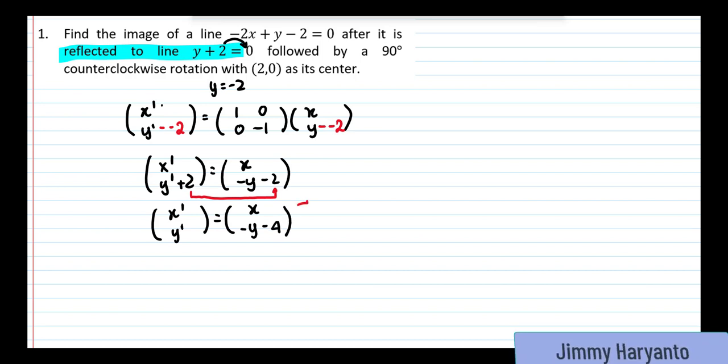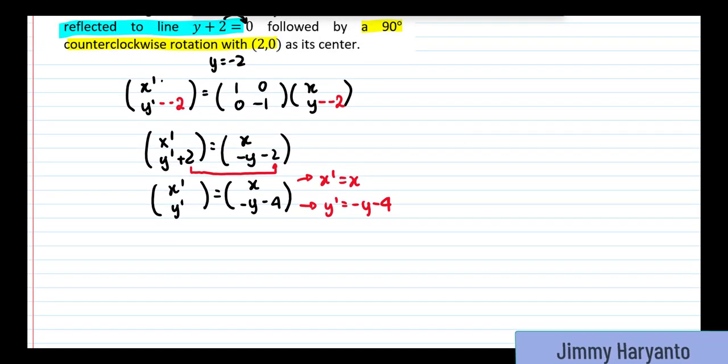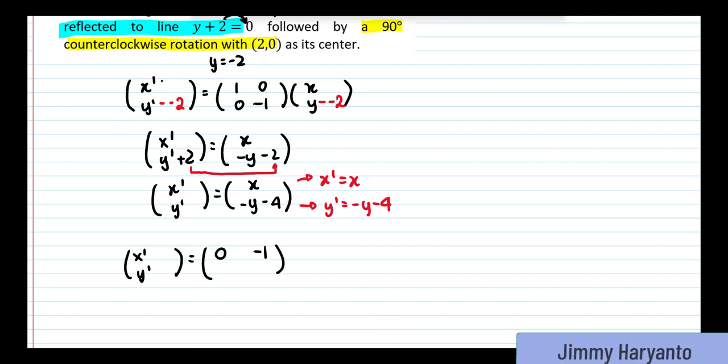Okay, so from these expressions you will have x prime equals to x, and then y prime equals to negative y minus 4. Okay, we will leave it like that and then go straight to the second transformation. 90-degree counterclockwise to 0 as its center. That means x prime y prime equals to 90-degree counterclockwise cos negative sine cos times the x and the y.